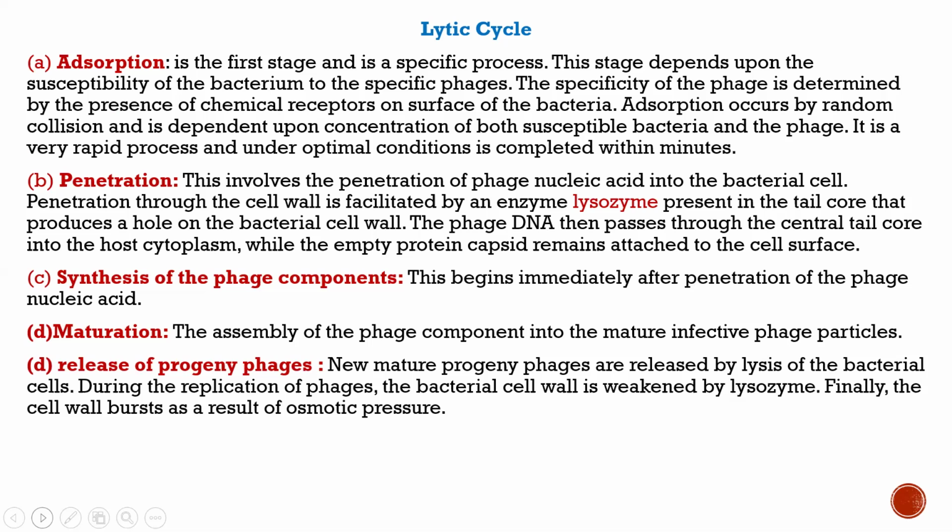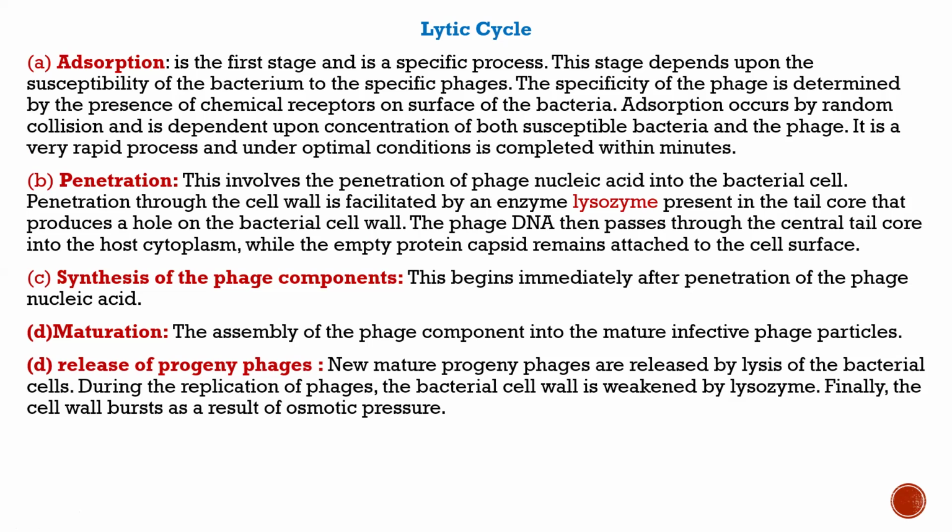The next one is penetration. It involves the penetration of the phage nucleic acid, that's the genetic material, into the bacterial cell. Penetration through the cell wall is facilitated by an enzyme called lysozyme, which is present in the tail core and produces a hole in the bacterial cell. When you look at the diagram I showed you, there is the head and the tail part of the bacteriophage.